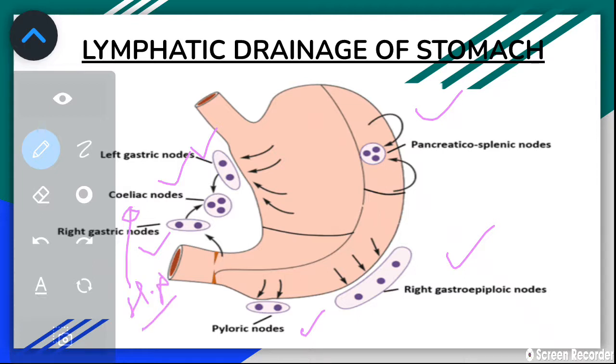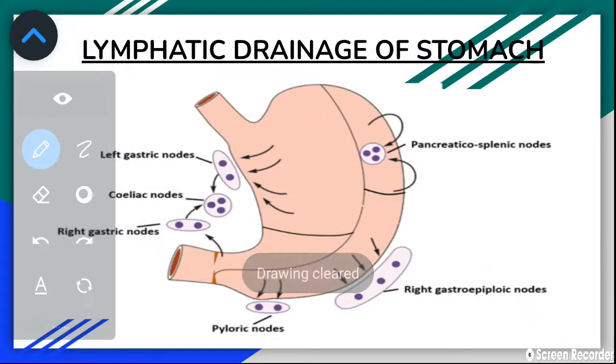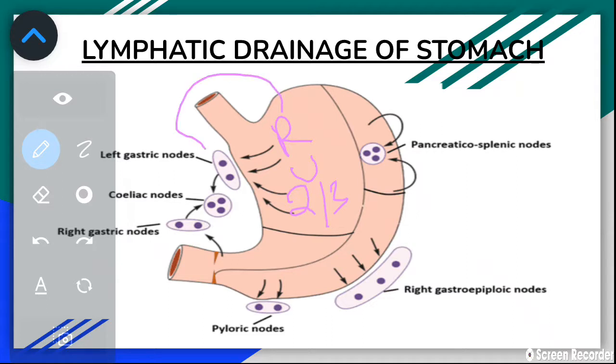Now we will see which part drains into which lymph node. The right upper 2/3 part drains its lymph into the left gastric node. Then the left upper 1/3 part drains its lymph into the pancreatico-splenic node.